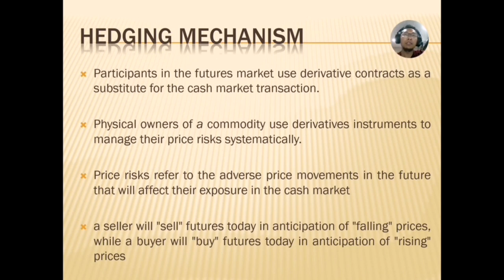Same goes to the seller. When they expect the price will fall in the future, they will sell today, instead of keeping the underlying assets until the futures date, when the price will have dropped and they will make a loss.